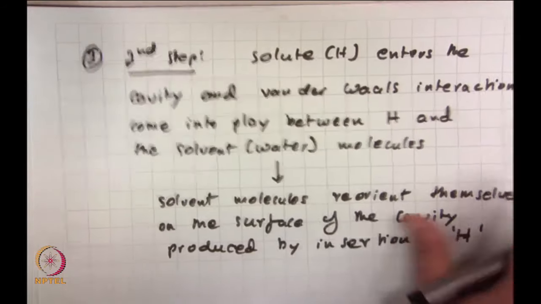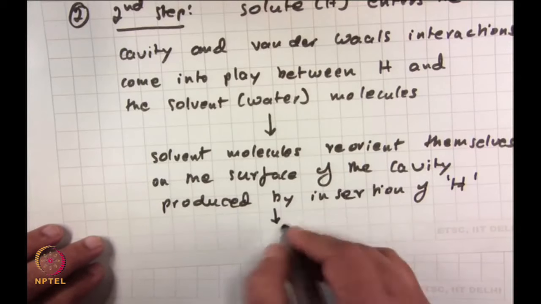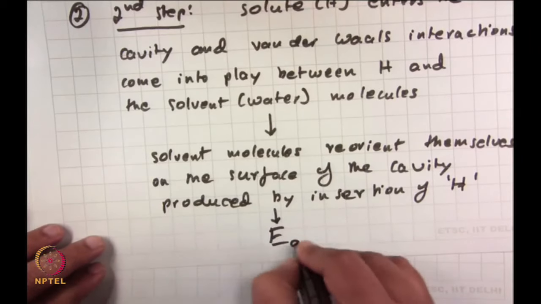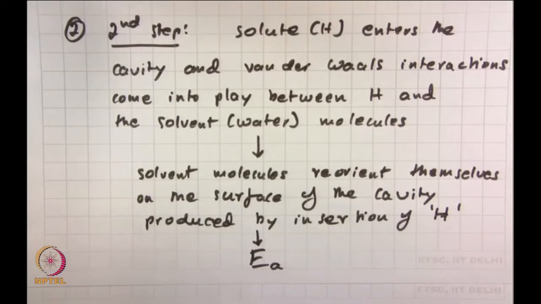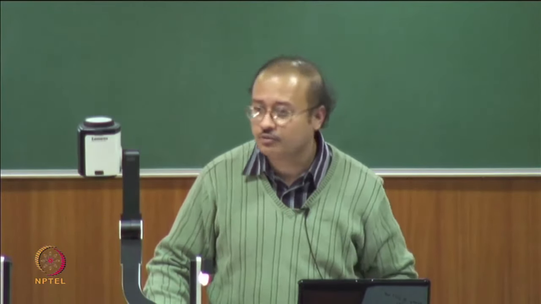And this energetics, the van der Waals interactions, we refer to as EA. So, I have two components. What are the two components? One is delta G C, which is the energetics involved in cavity formation, and the second is your van der Waals interactions, because after it is there, it starts interacting with the surrounding solvent molecules.